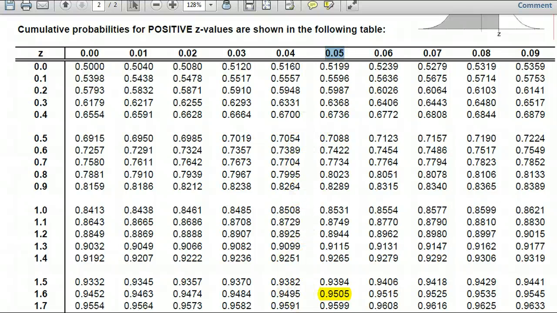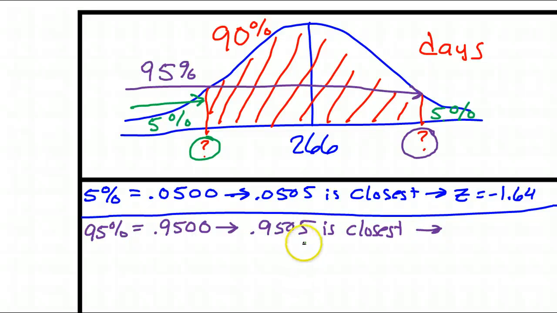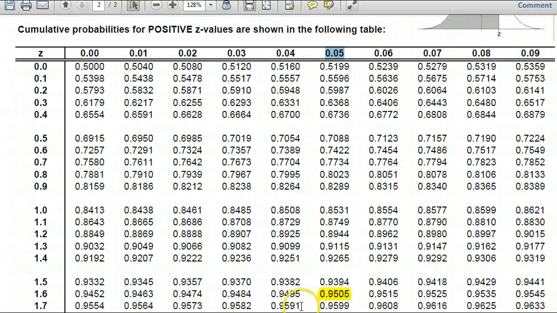You know what? I changed my mind. See how last time we did a negative 1.64? These z-scores really should match. So I said we could pick either one, but I'm gonna change my mind and pick this one, because the z-scores really should match.